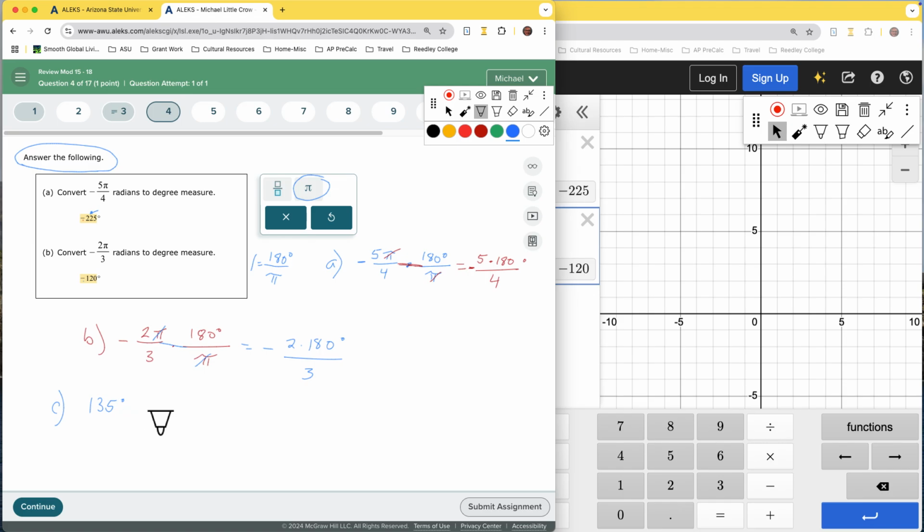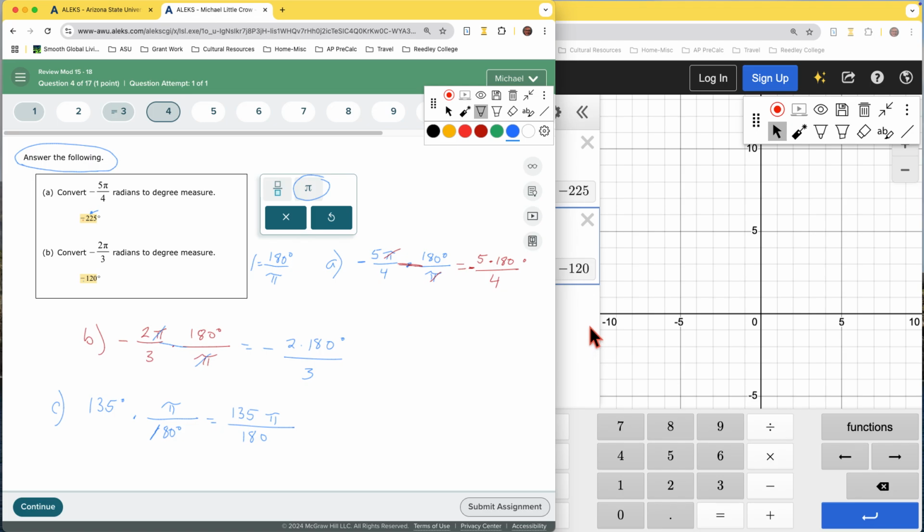So if we want to convert this to radians, going from degrees to radians, we multiply by pi over 180 degrees, because it's going to divide out the degrees, right? So we get 135 pi over 180 degrees. However, this will reduce down. 5 goes into both of those, so you go through that.